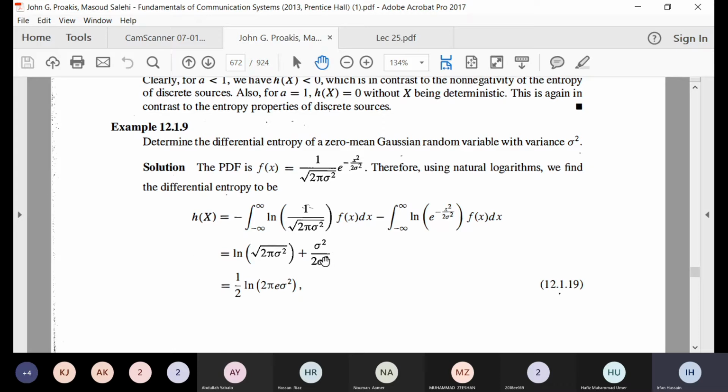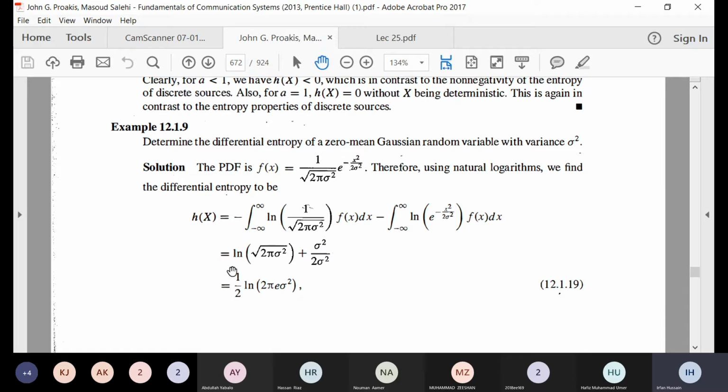Then you can write this in terms of ln e to the power of this, because ln e is 1, and this is the power. You can also represent it like this.